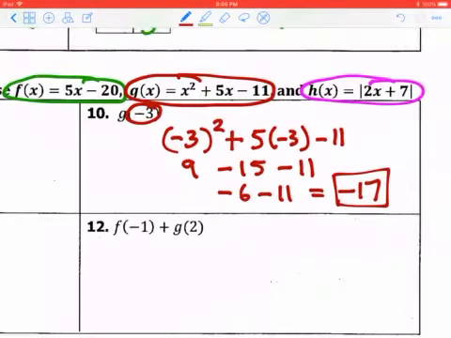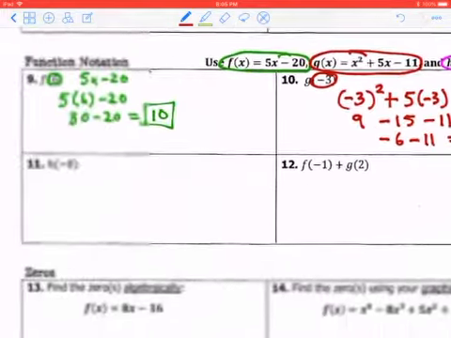And before I move on, I would just look to make sure that I used all the right symbols, and I did. So my answer is -17.